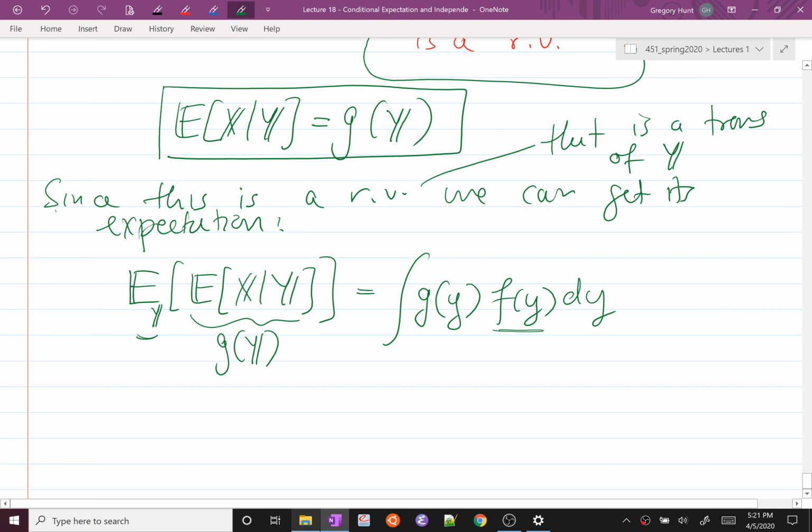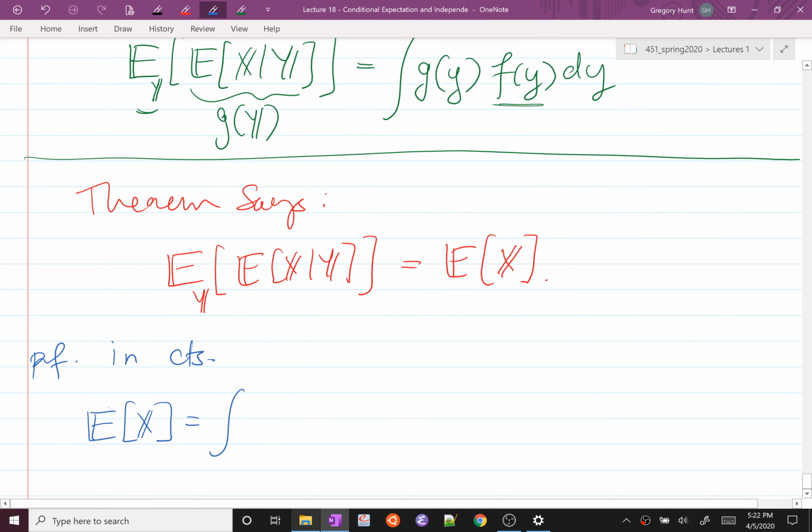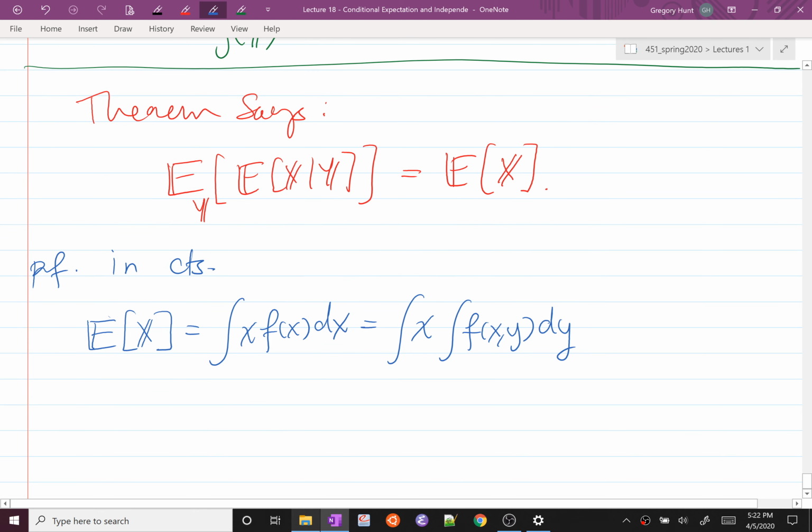So let's look at a proof in the continuous case. The proof says that the expected value of X is the integral of x times f_X dx. And I know that I can write f_X as, if I take the joint and integrate out Y, this gives me f_X.